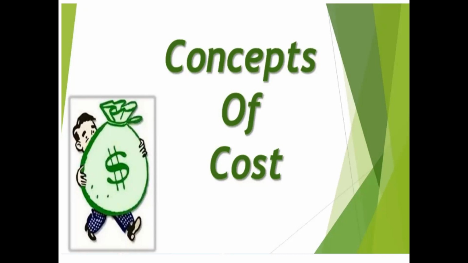Right? Producer behavior, and for the producer behavior you already have an idea about the production theory. Then you all know, being a rational consumer, the rational consumer wants to maximize their utility with the limited money income.